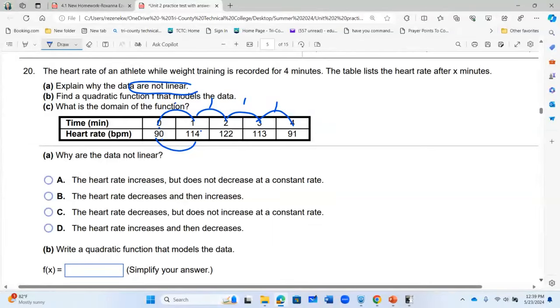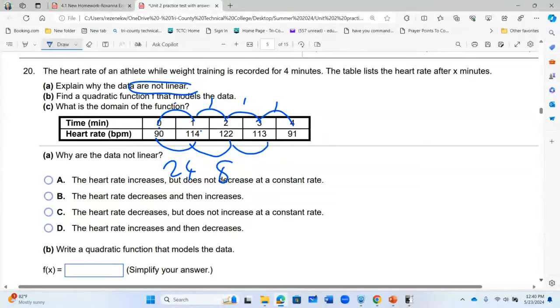Then 122 minus 114 is approximately 8. 113 minus 122, so I'm focusing on the difference between consecutive y values.